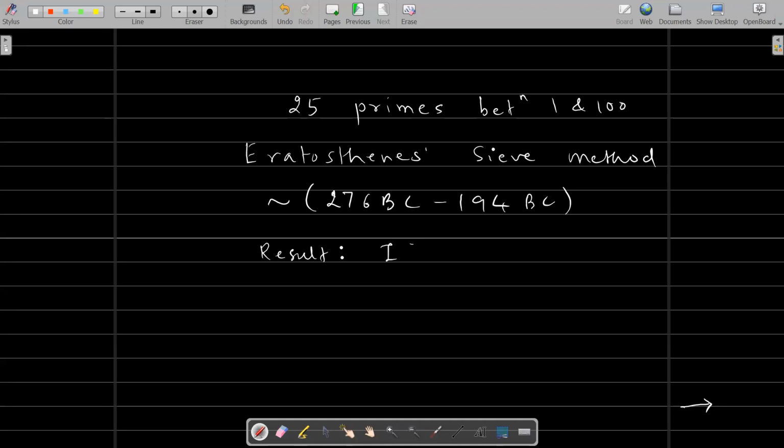If a number n, and by number n usually in this chapter we mean a positive number, has no divisor up to root n, then n must be prime.